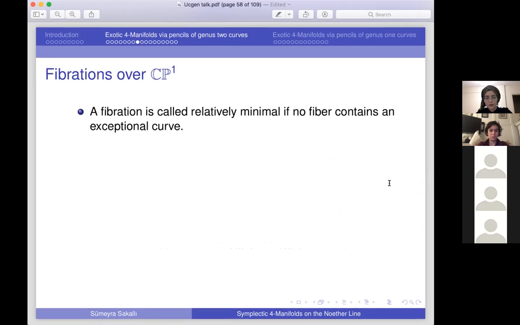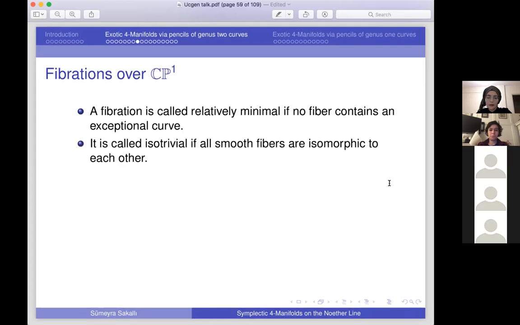And I want to introduce a few more things here. First of all, we call a vibration relatively minimal if no fiber contains an exceptional curve. And it is called isotrivial if all smooth fibers are isomorphic to each other.